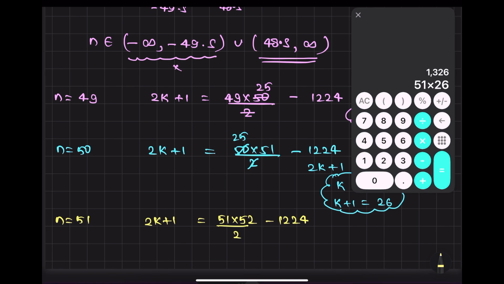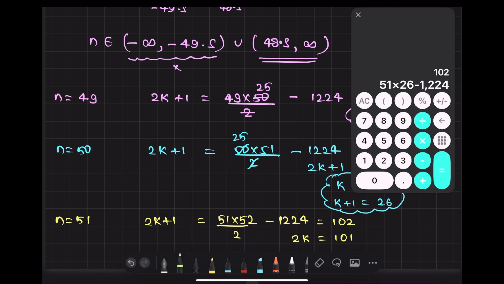So it is 1326. 1326 minus 1224 is 102. Okay, so if you simplify things, you will be left with 2k equals 101. So here we have even, here we have odd, so it is not possible. So this case will be rejected.